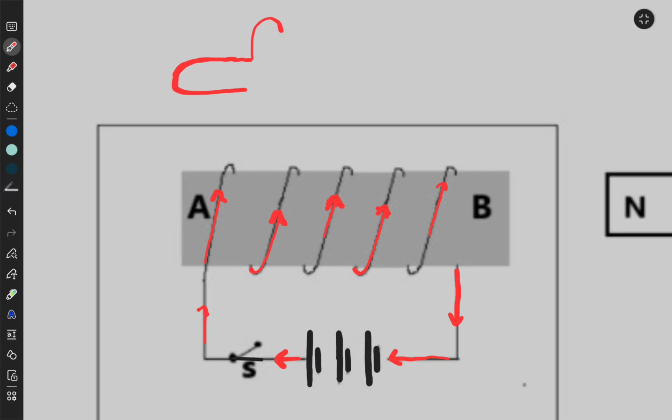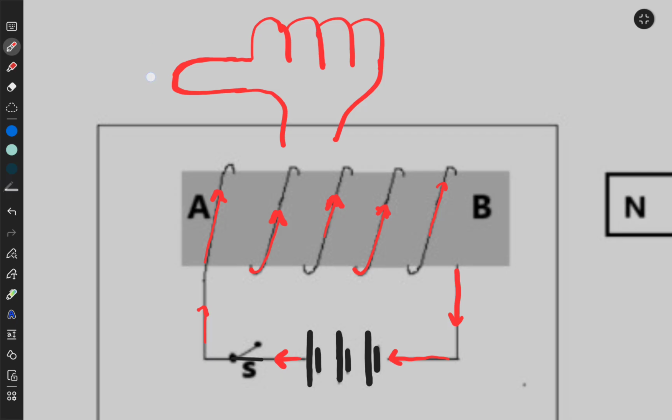We can see that our fingers would have to curl that way, like this, right? So our fingers are curling into the page, because that's where the current is flowing in our solenoid.